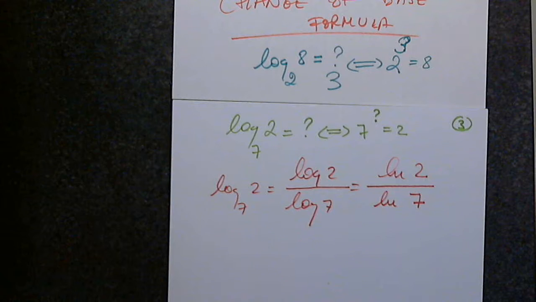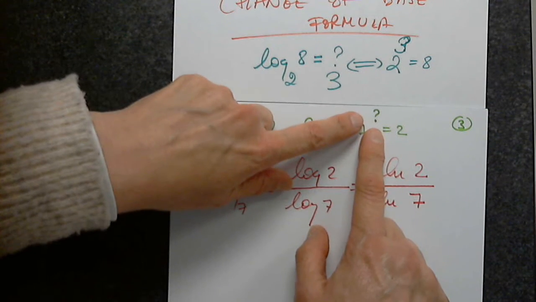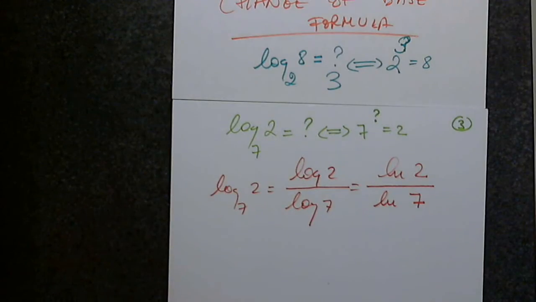How do I check? I raise, one more time. I raise 7 to whatever number I got. So 7 raised to the previous answer, this is what you should write. Not truncate the number, because you will get an approximation. You will get either under 2 or above 2.